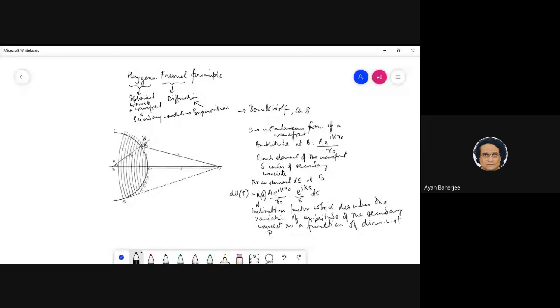So how this amplitude is varying as the location of the secondary wavelet is changing with respect to p.